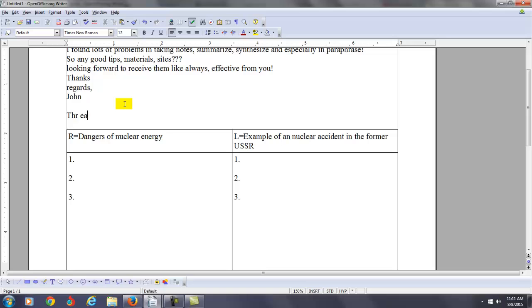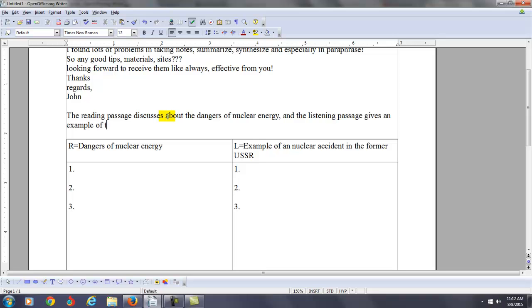So then you'll say, like this, the reading passage discusses, and then the listening passage gives an example to further. You see what I'm saying here?